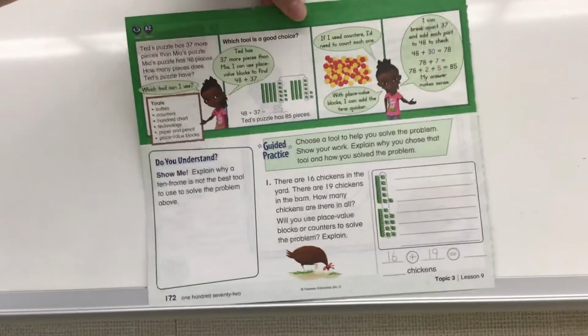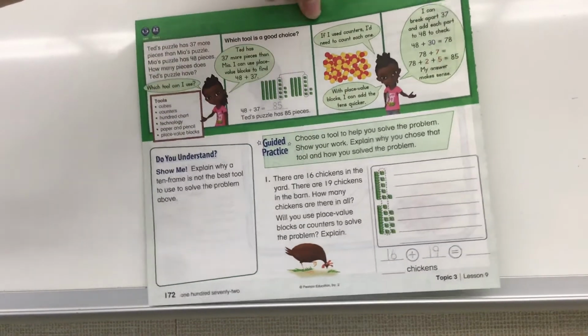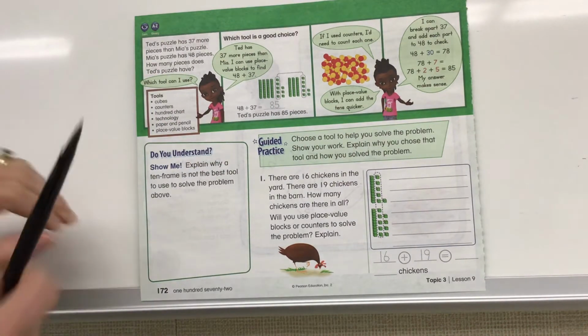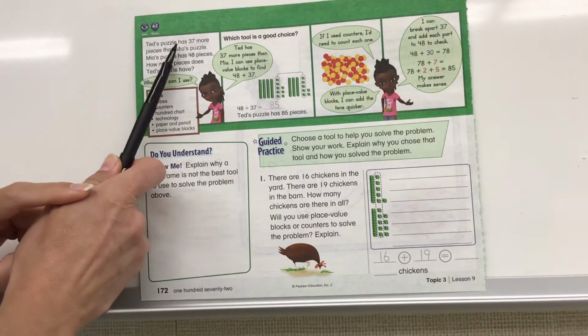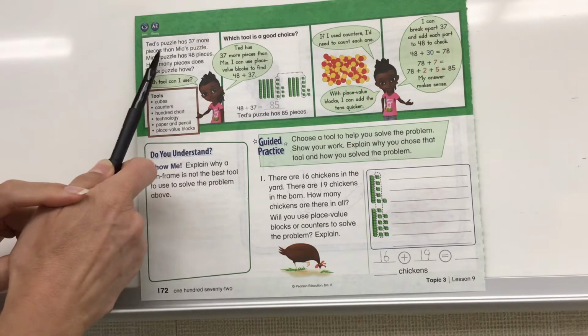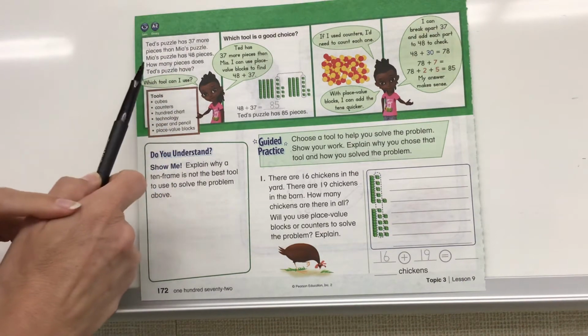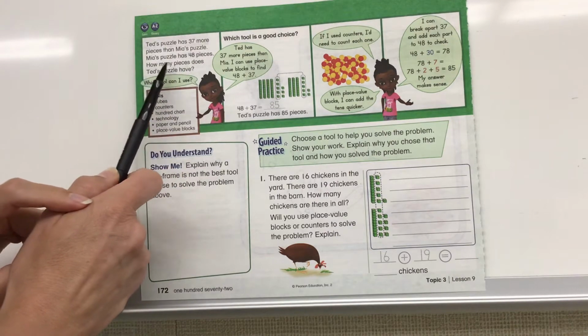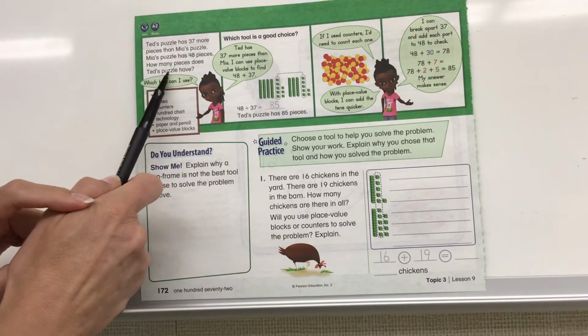And again, you have your big bag of math manipulatives that you can use from home to figure out what it is that you would like to use to help you out. All right, Ted's puzzle has 37 more pieces than Mia's puzzle. Mia's puzzle has 48 pieces. How many pieces does Ted's puzzle have?